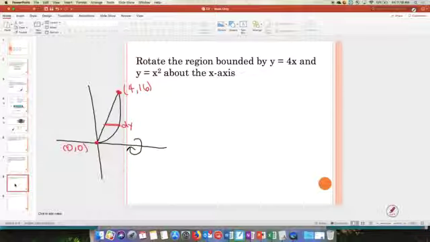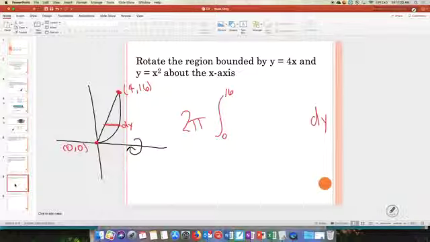So first of all, we have 2 pi integral of radius times height times width. Since we are in terms of y, we're going to use 0 to 16 as our limits of integration, because those are the y values for our intersection points. Everything else is going to stay the same, except we're just in y's instead of x's.